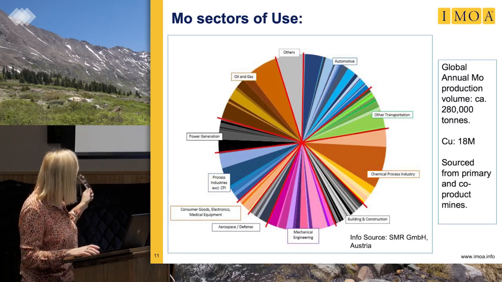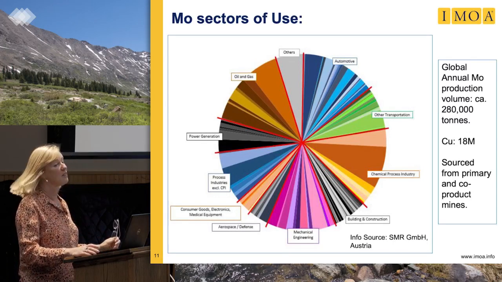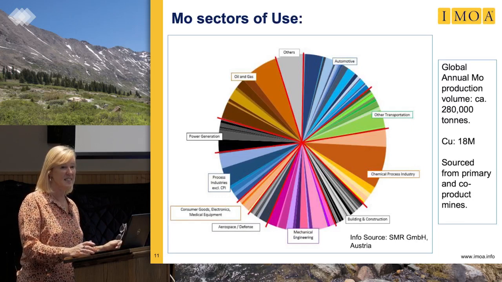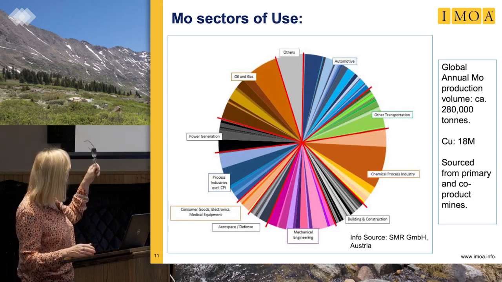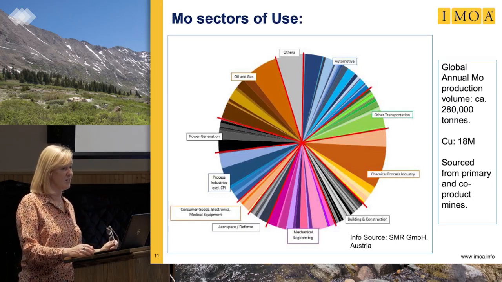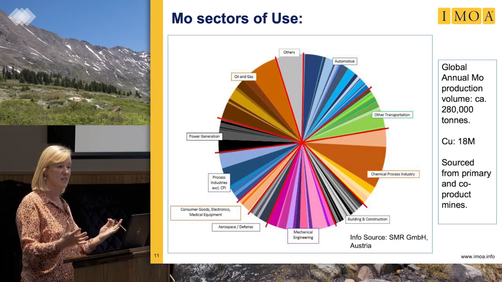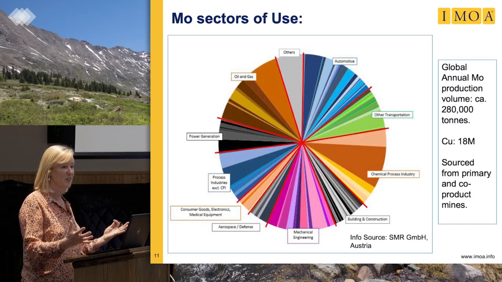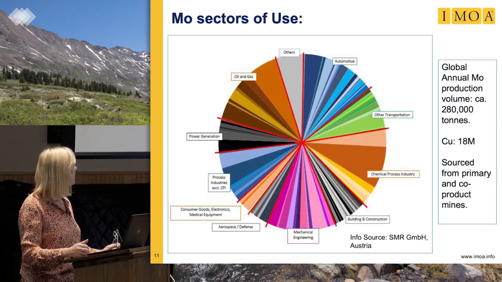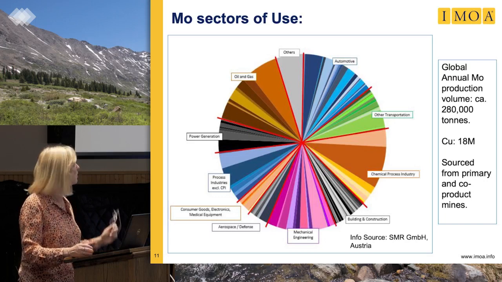And this is a wider helicopter view of the different sectors of use. As I said, a little goes a long way, and it goes into lots of different sectors. In the automotive sector, it's important in lightweighting vehicles. It's all about nowadays, the environment, and making sure that there is as little pollution, contamination as possible.